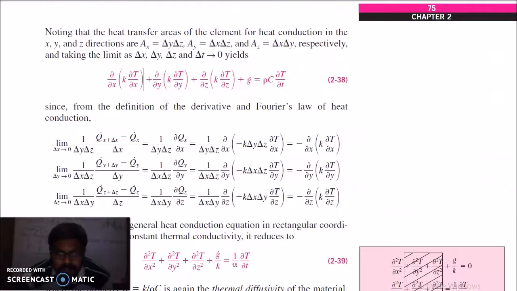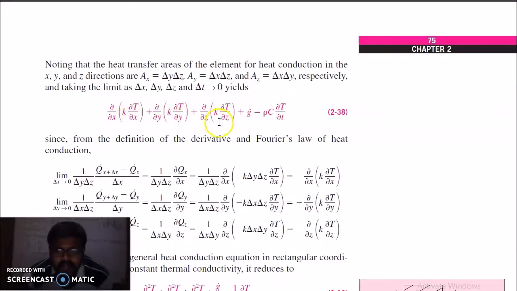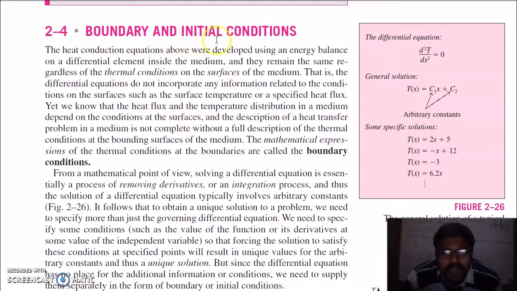This equation is for the rectangular coordinate system. Boundary and initial conditions: the heat conduction equations above were developed using an energy balance on a differential element inside the medium, and they remain the same regardless of the thermal conditions on the surface of the medium. That is, the differential equations do not incorporate any information related to the conditions on the surface, such as the surface temperature or a specified heat flux.